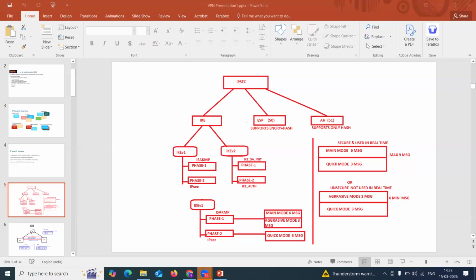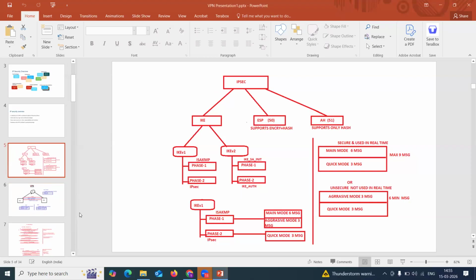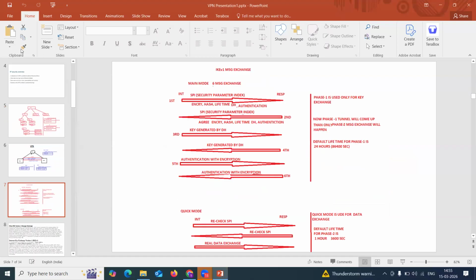There will be two different sites, and between the two sites we'll exchange messages. Let's say here I have one router, which is the initiator, and here I have another router, which is the responder.